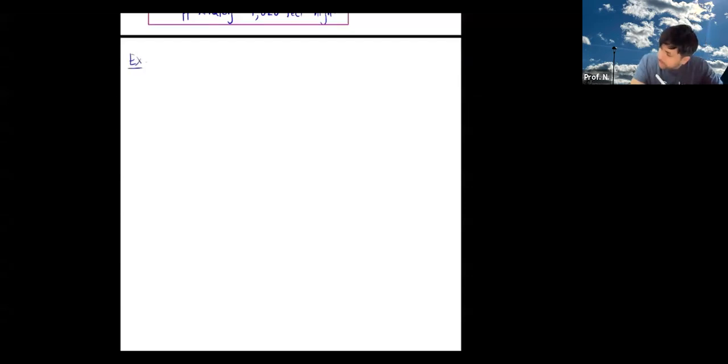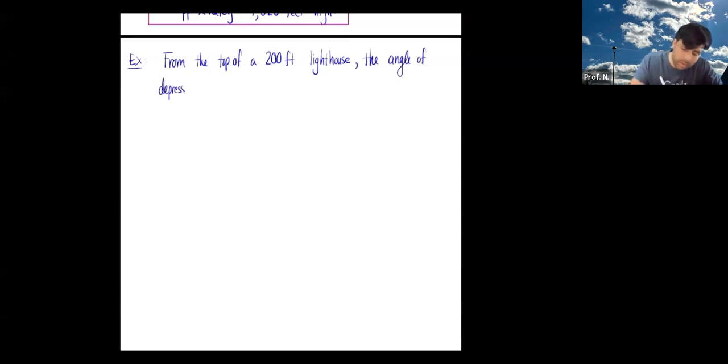In this one, from the top of a 200-foot lighthouse, the angle of depression to a ship in the ocean is 23 degrees.